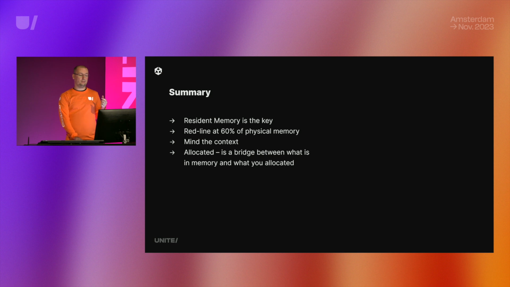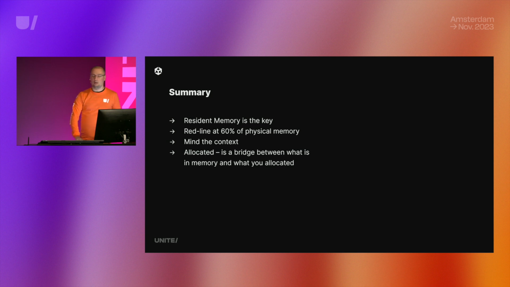For example, it works as a mental bridge. If you allocated 1 megabyte of memory and you want to see this 1 megabyte in the memory profiling tool, you can understand that this is exactly the object you have allocated. That allows you to build the mental bridge: this is the object I allocated, and that's how much memory is actually taken in physical memory.